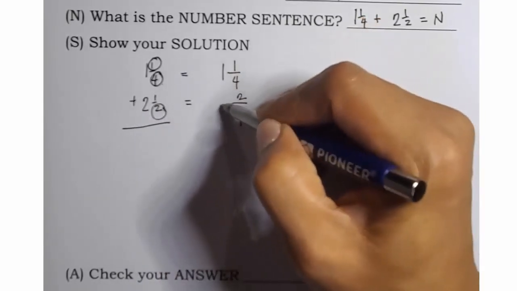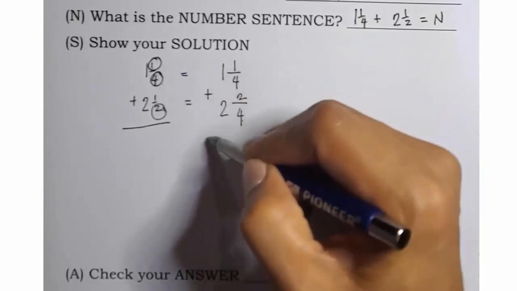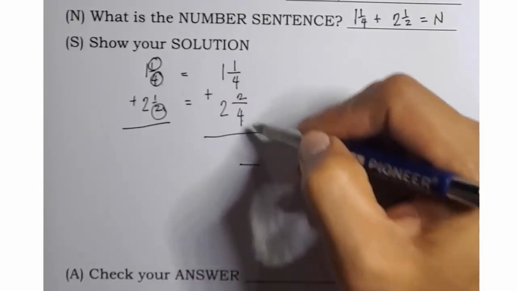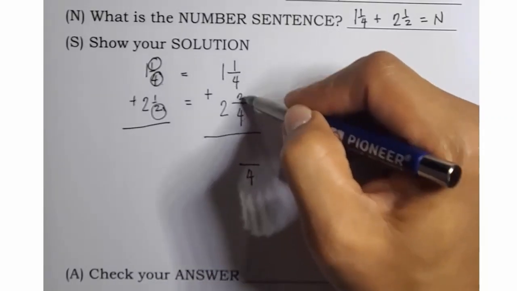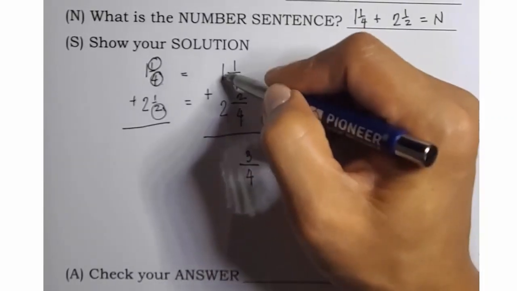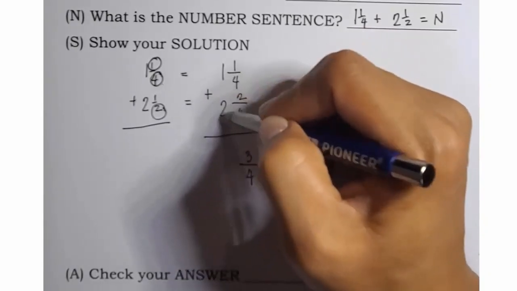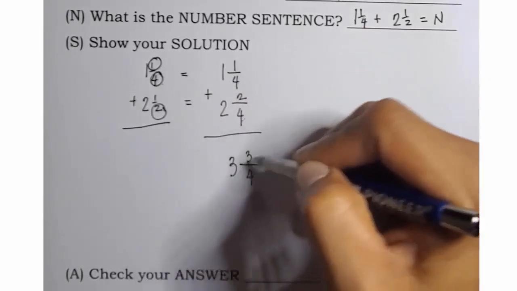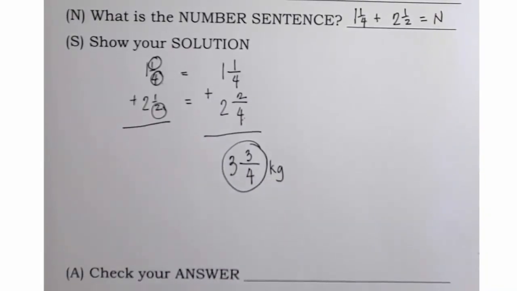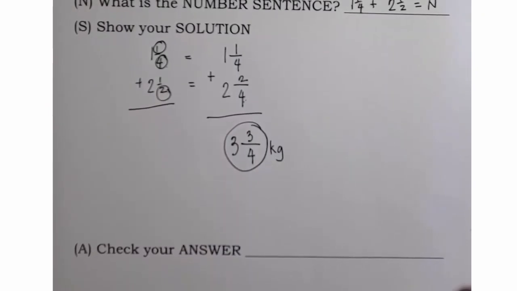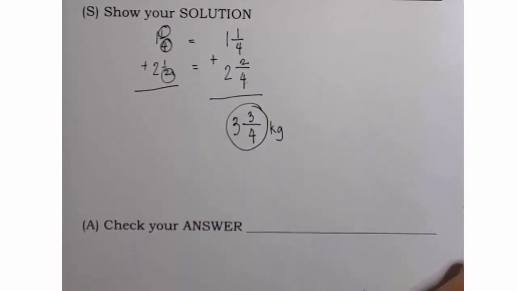Then copy the whole number. Then, if you are to add these two fractions, that will give you 4 as our denominator, 1 plus 2 is equal to 3, and add the whole numbers, 1 and 2, that will give you 3. So, the answer is 3 and 3/4 kilograms. Let us first check if our answer is correctly done.